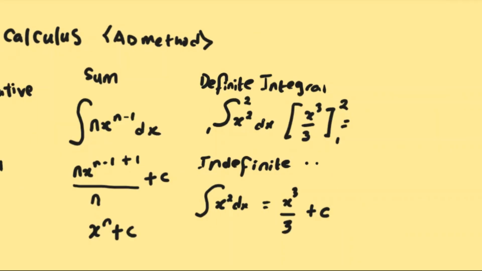This gives us 2 raised to the power of 3 over 3, which is 8 divided by 3, minus 1 raised to the power of 3 divided by 3, which is 1 over 3. Your final answer here is 7 over 3 square units.